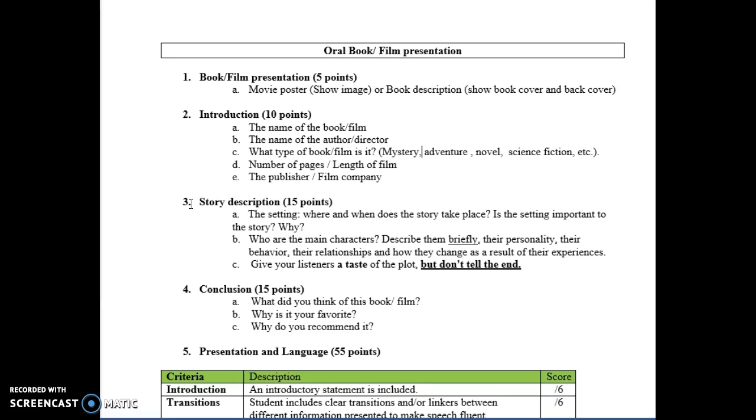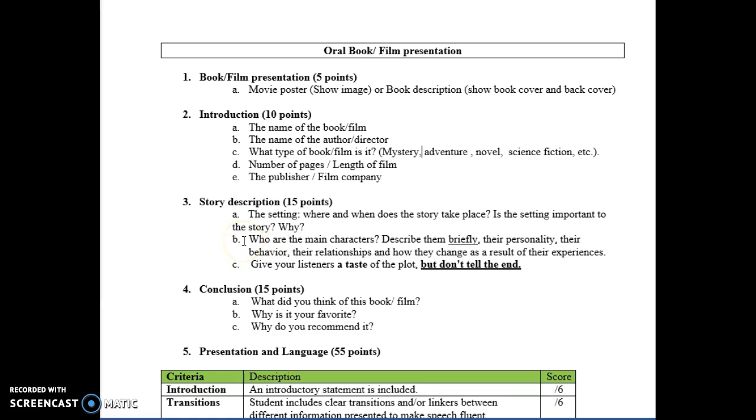You can say, the setting of this book is not very clear, but it's futuristic, or it's about the past, or the place, even though it's not a specific city, describes this and that. So you need to support your description of the setting with the details that it provides, or use additional explanations saying that it's not so clear, but what you understand of the setting.